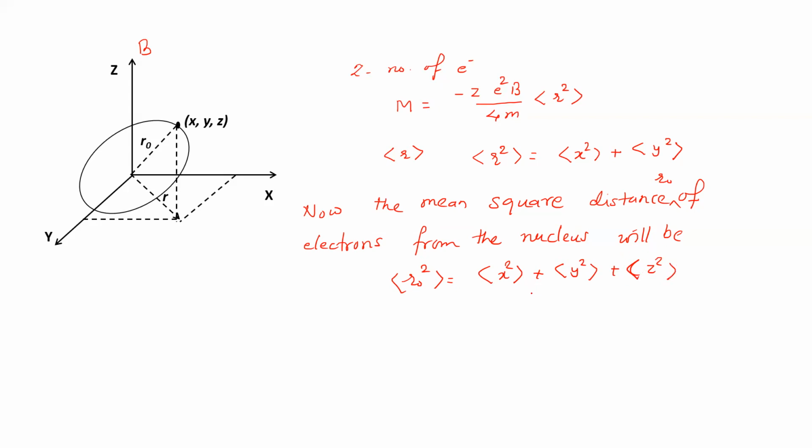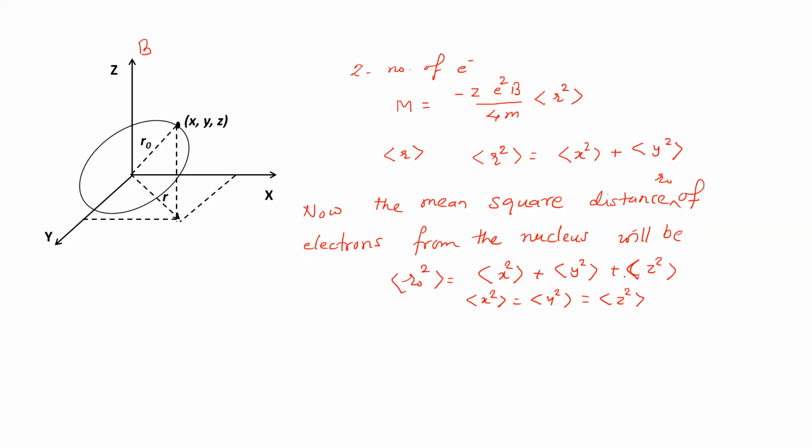But since the charge distribution is spherically symmetric, meaning the atom is spherical, we can write x square equal to y square equal to z square for a spherical charge distribution.